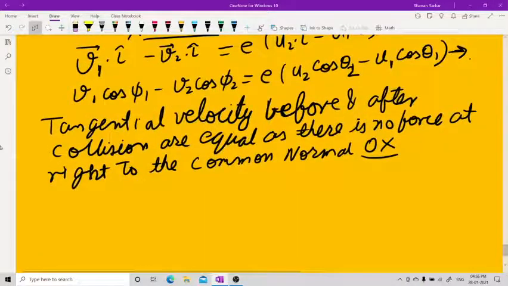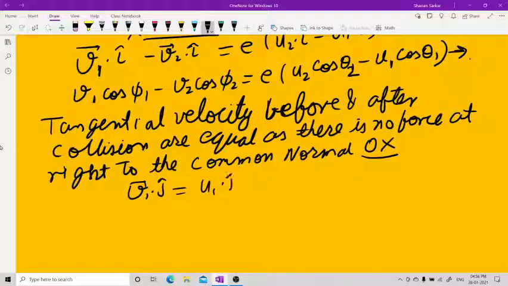Now, because of this, v1 vector dot j is equal to u1 vector dot j, and v2 dot j is equal to u2 vector dot j. There is no doubt about it.